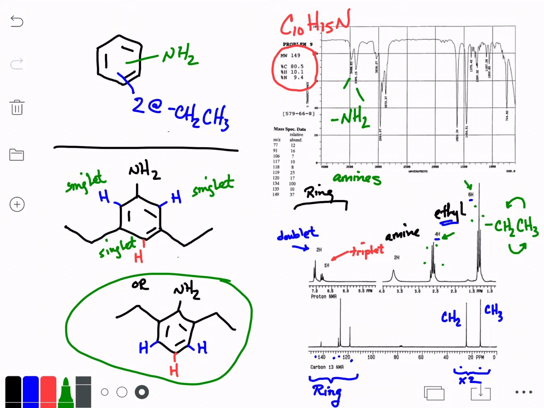All of this taken together seems overwhelming when we start. And we're just looking at a blank page with all sorts of squiggles and peaks and splits and everything else. But the process that we've gone through here is one that you can use and that will pay off for you most times. You're going to be looking at the formula or creating a formula from elemental analysis if you need to.